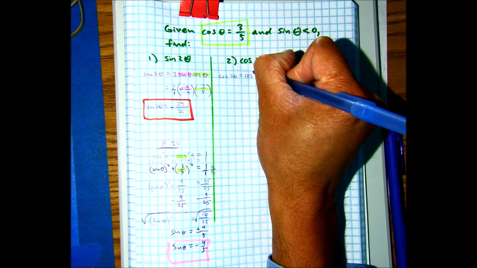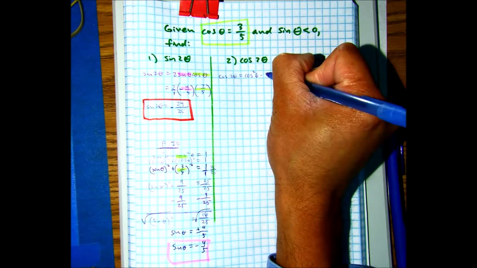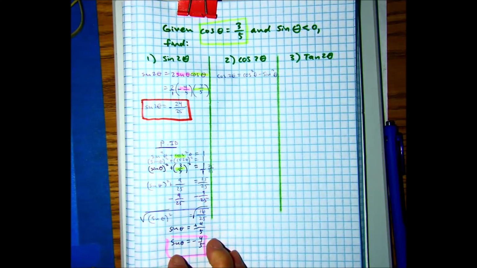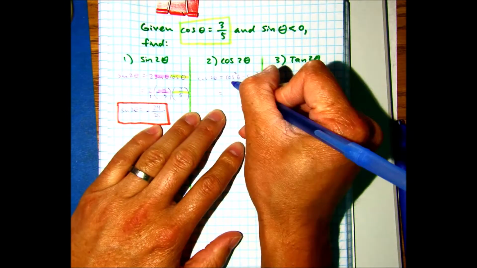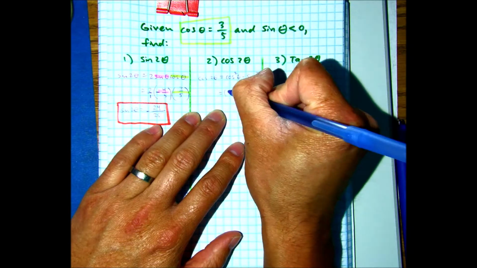You said cosine squared A minus sine squared A. Okay. Remember, cosine squared theta is really what, class? Cosine theta squared.